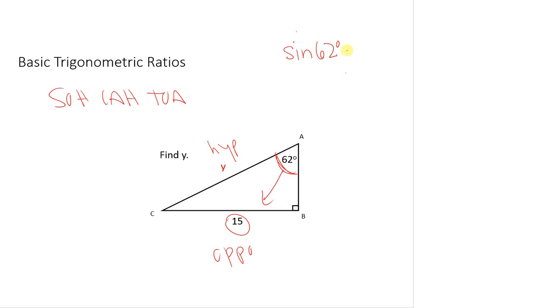So the sine of 62 degrees is going to equal the opposite, which is 15, over the hypotenuse, y. This is a little bit trickier because we have our unknown in the denominator, but really it's just one little extra step.